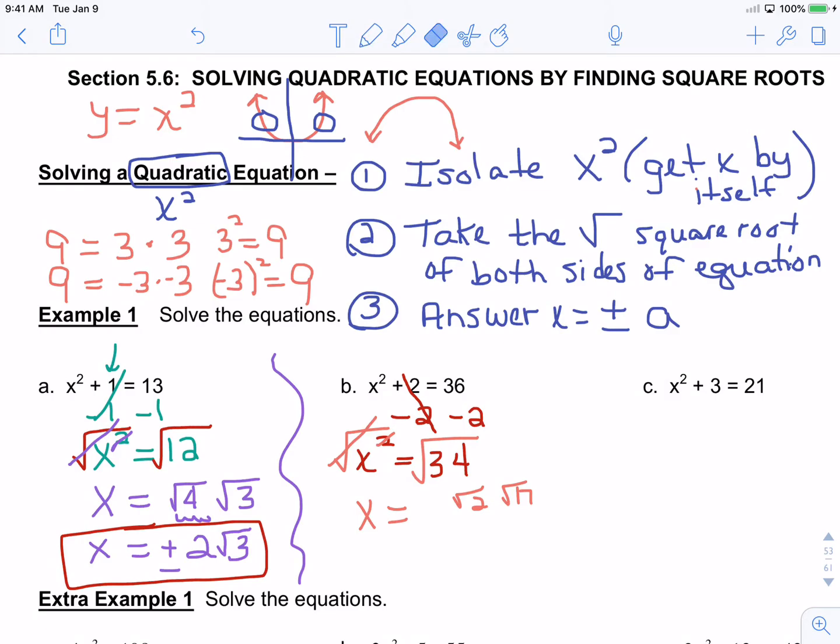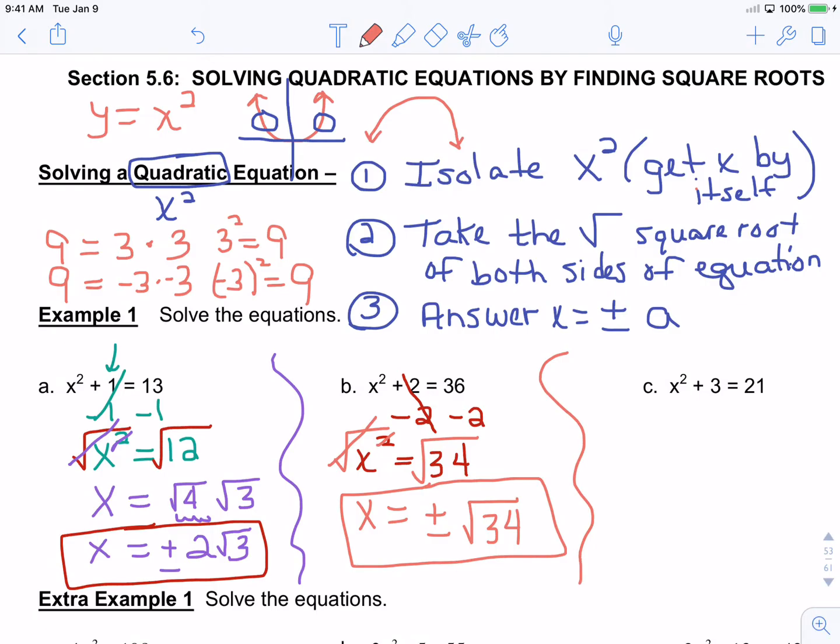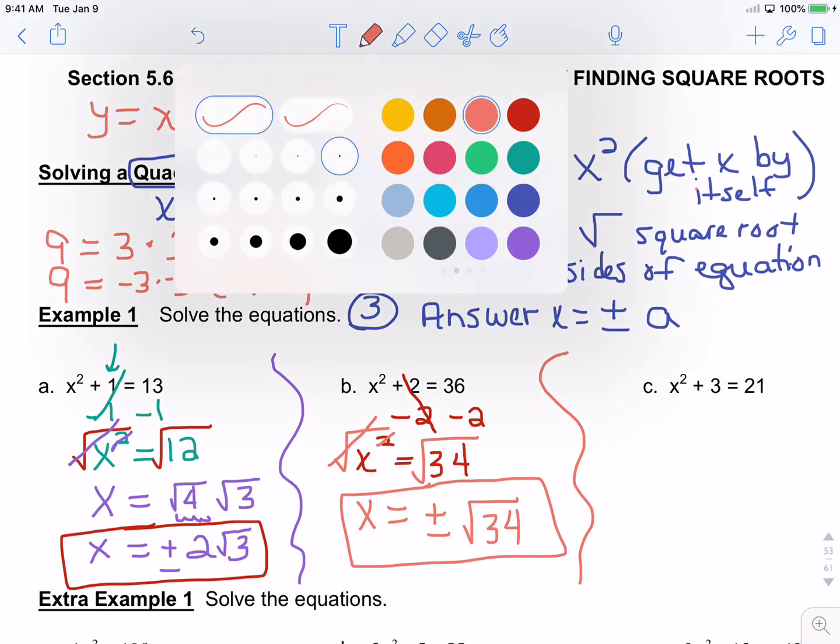That means I can't do anything else with this problem to simplify. Sometimes numbers don't simplify. So my answer, the last part, put a plus or minus in front of it, and then the square root of 34. Sometimes the answer can't be broken down and it just stays as a plus or minus and then the square root of 34. So remember, we're trying to solve for x by using square roots.